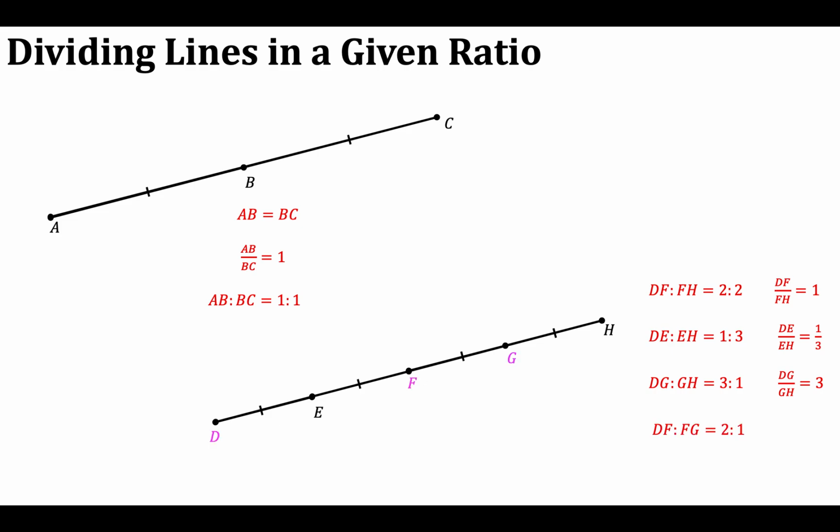Finally, let's look at DF to FG this time. And that ratio is 2 to 1. So the fraction DF over FG is equal to 2. And you can see there that DF is double FG.